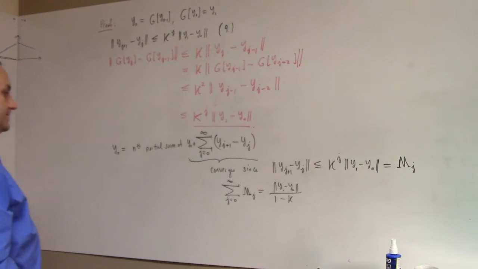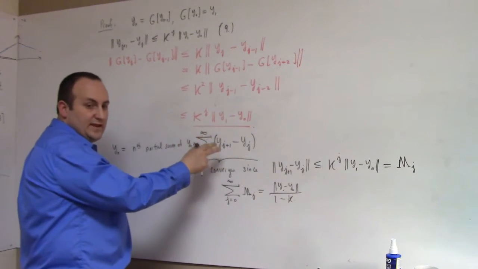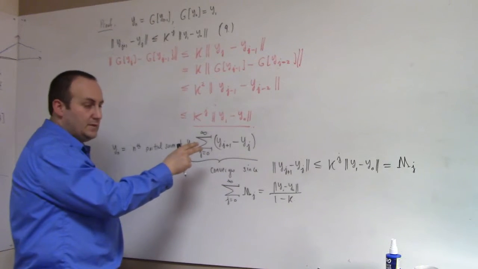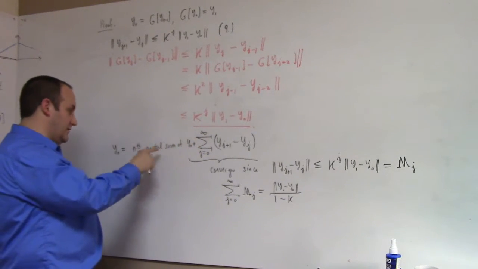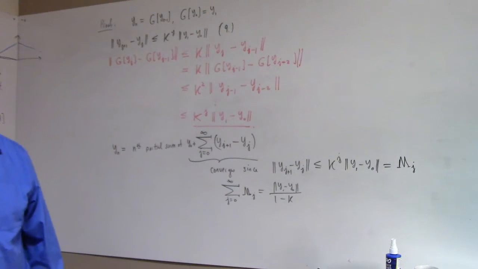But the uniform convergence of this implies the uniform convergence of its nth partial sum. Yn is the nth partial sum, therefore this Yn uniformly converges to some function.